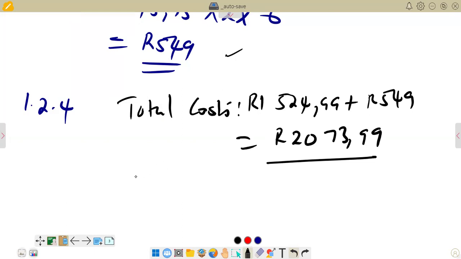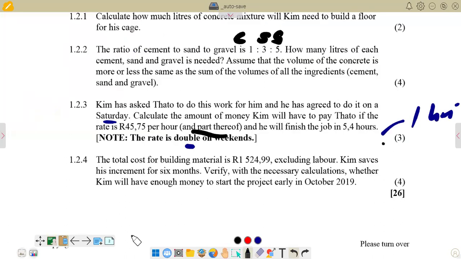And then we are going to also calculate the total savings. We compare if the total savings are greater than total cost, then we see that there's enough money. So on the total savings part, we are going back to the question and try to see what it is saying about savings at the beginning of the question.